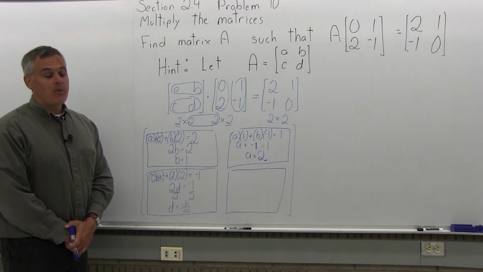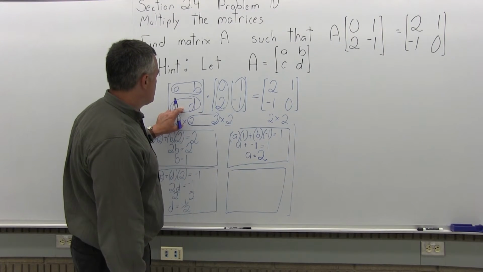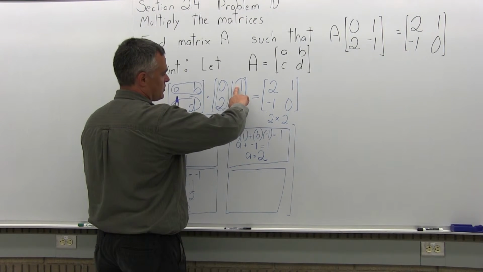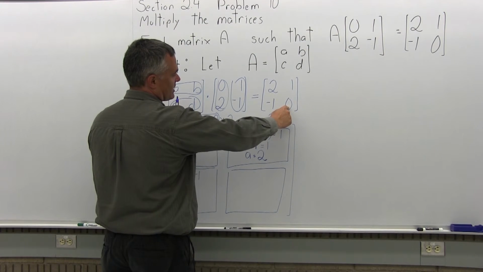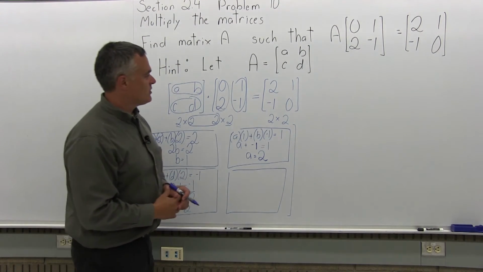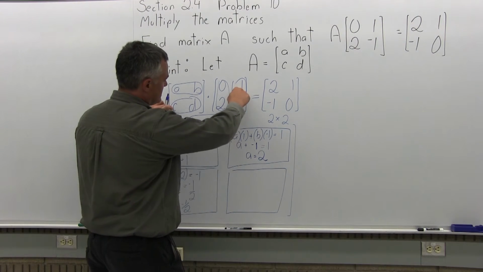And now I have one more box to fill in. So I'm going to do the bottom row of the first matrix, CD, times the second column of the second matrix, 1, negative 1, has to give me the value in the bottom row and second column of the solution matrix, which is 0. And it's going to set up another equation for me that I can solve. So first times first will be C times 1.